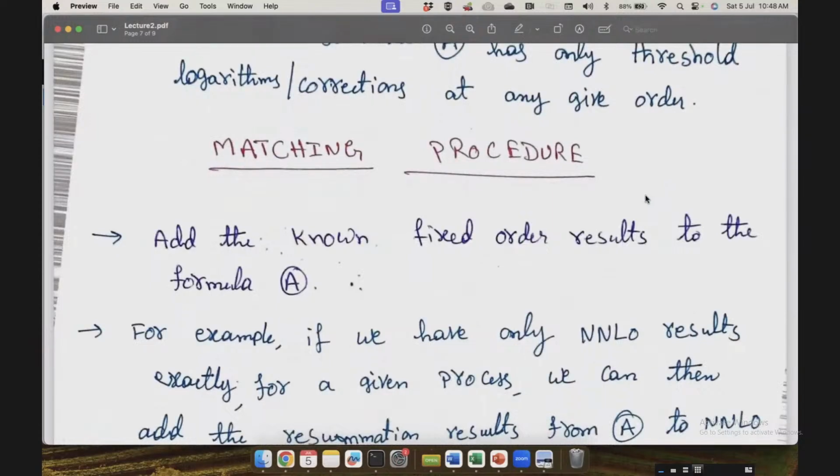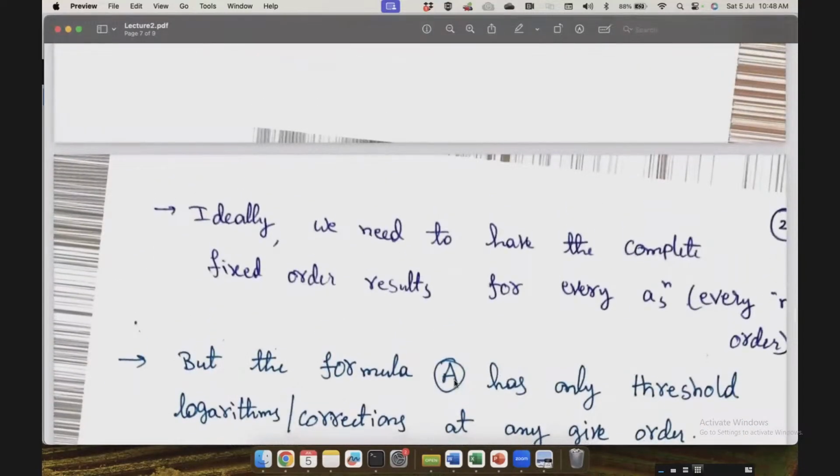So if I have a series of logarithms which are valid to all orders, but on the other side, the exact fixed order results I know only to a certain order. And when I say this resummation formula A has the information about the logarithms to all orders, it also has the information about those orders.